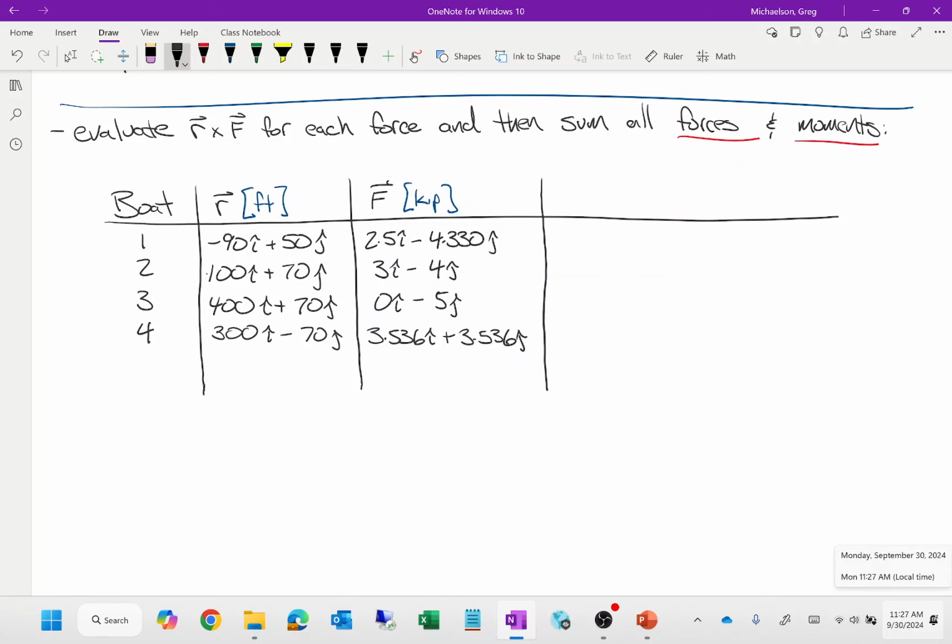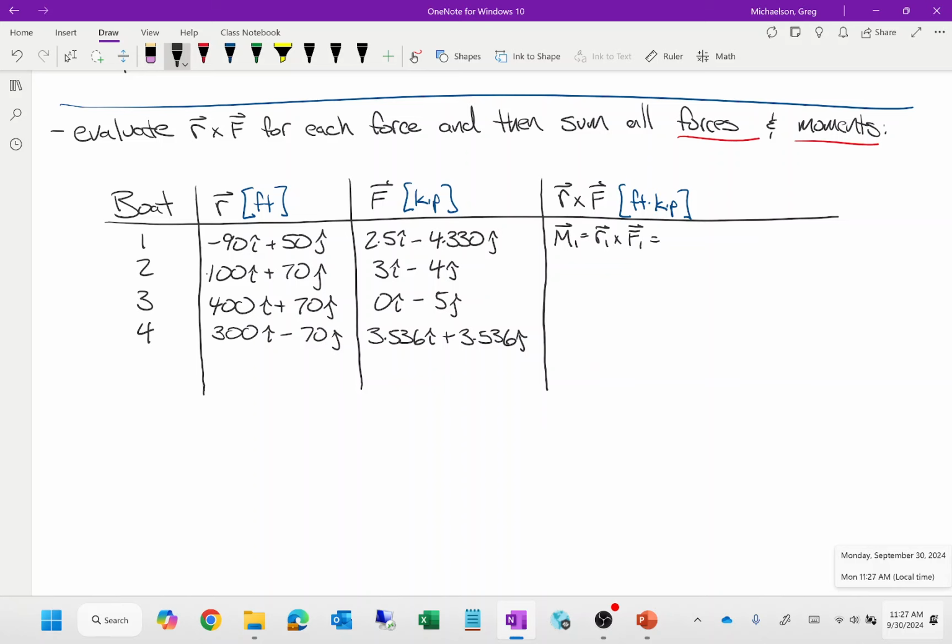Okay. So now what I'm going to do is R cross F, and my answer is going to be in foot kips, right? So for each row, I'm going to be able to do a computation. For this first row, that's going to be M1, which is R1 crossed with F1.